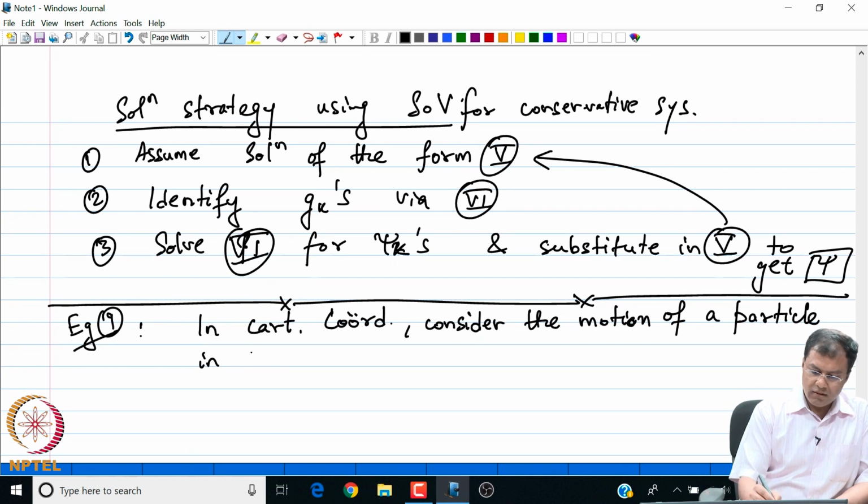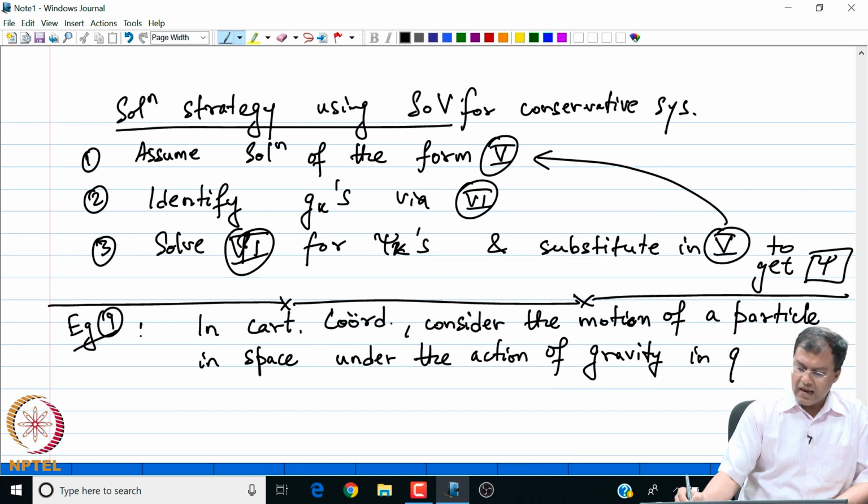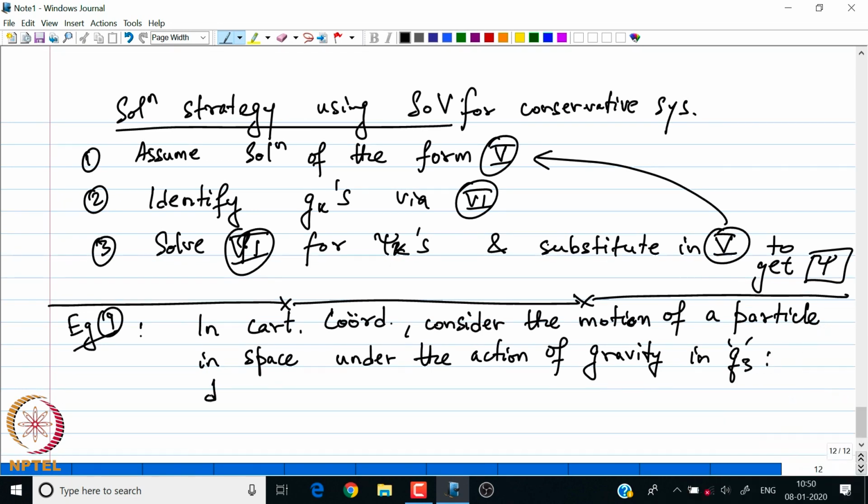In space, under the action of gravity, and the gravity only acts in one of the coordinates, the q3 direction, with Hamiltonian as follows.